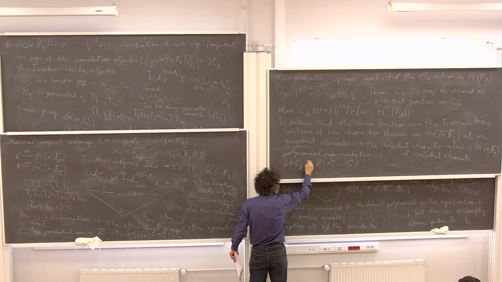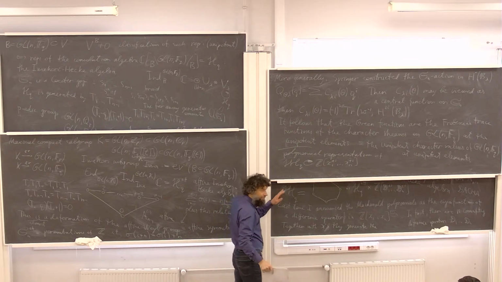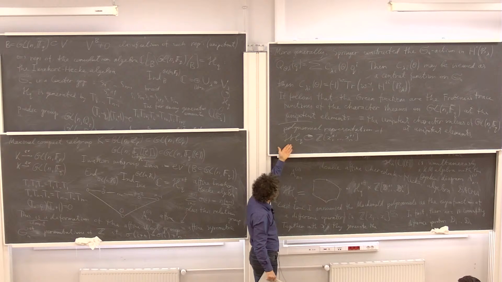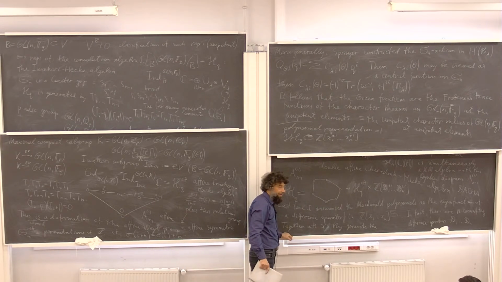And somehow this was the discovery of Cherednik. Trying to understand this Macdonald polynomial business, he discovered this double affine Hecke algebra.